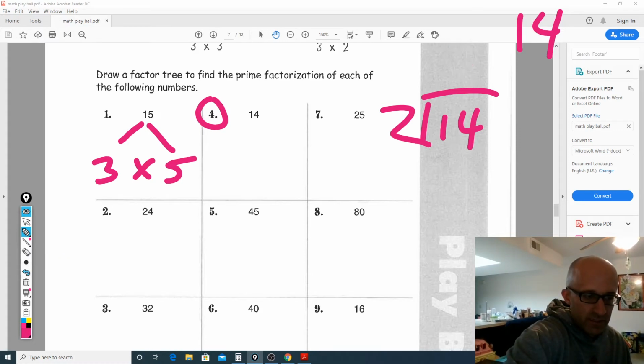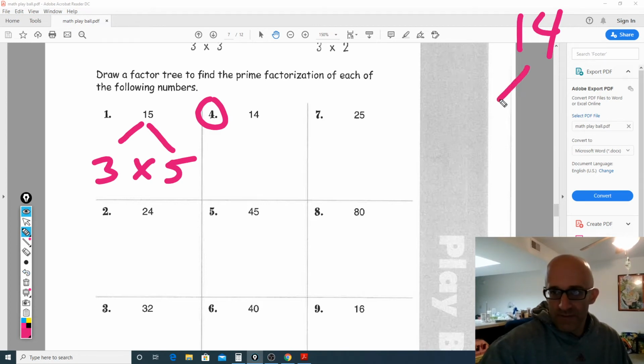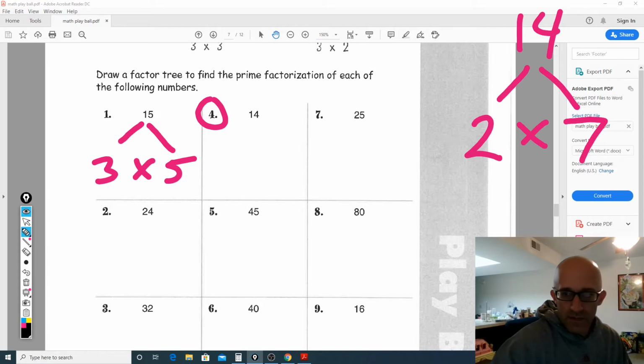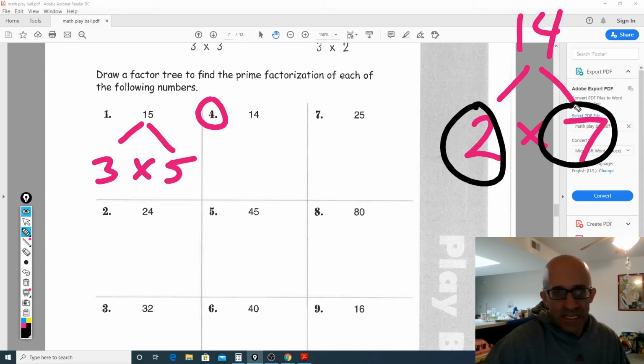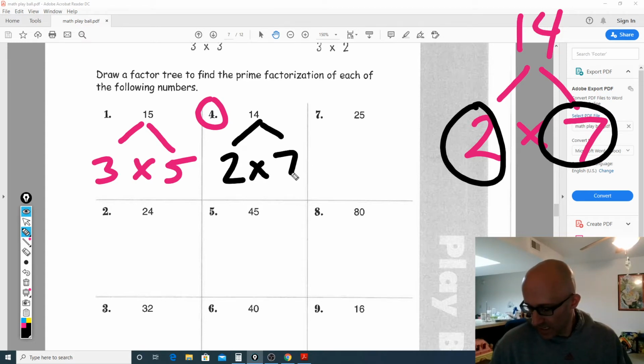So the prime factorization of 14 is 2 times 7. Can you break down those factors anymore? No. So your final answer here is 2 times 7.